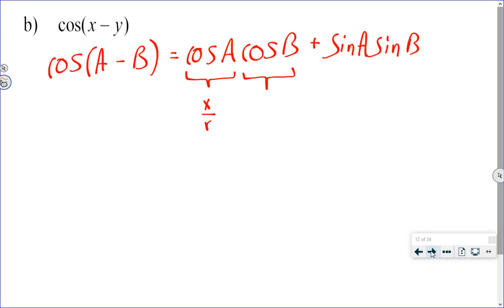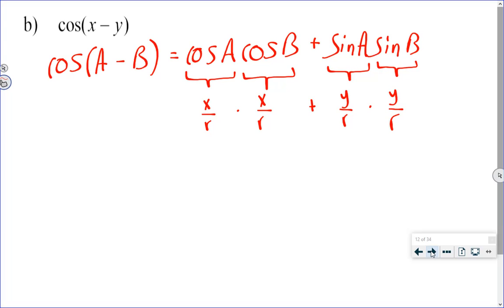This is x over r. This is y over r. And so is this y over r. I just want to check my handout. Yeah, all of your questions are on the same page, so you can see what x, y, and r are for angle A and angle B. I'm going to go by memory.